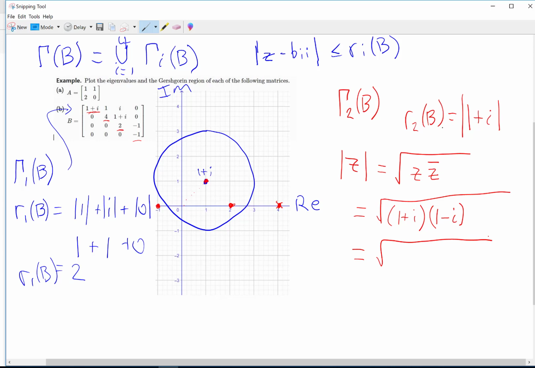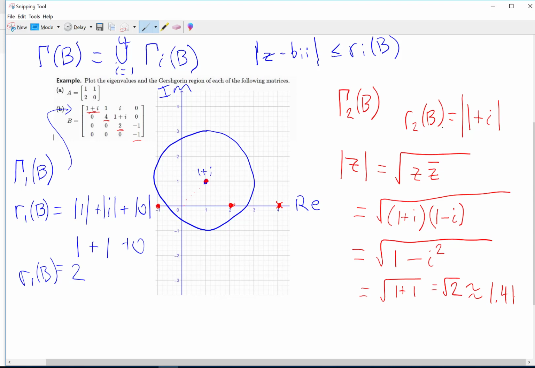I mean, think about FOIL. 1 times 1 is 1. 1 times negative i is negative i, but then when you do the inner, you get positive i, so those go away. So the last thing we get is minus i squared. But you probably know that i squared is -1. So what we really get is the square root of 1 plus 1, which is the square root of 2, which again, you could have gotten with geometry. So the square root of 2 is approximately 1.41, okay?